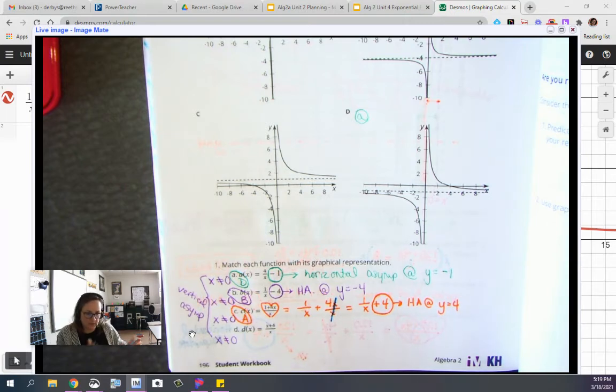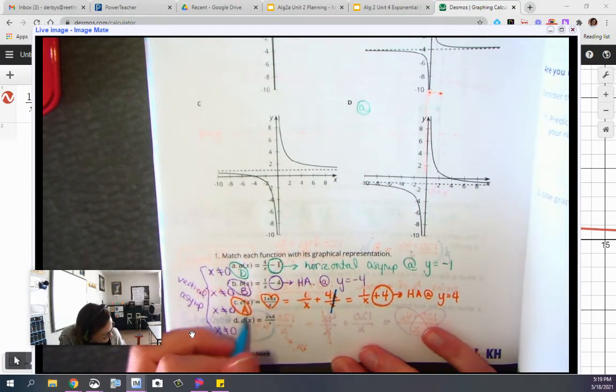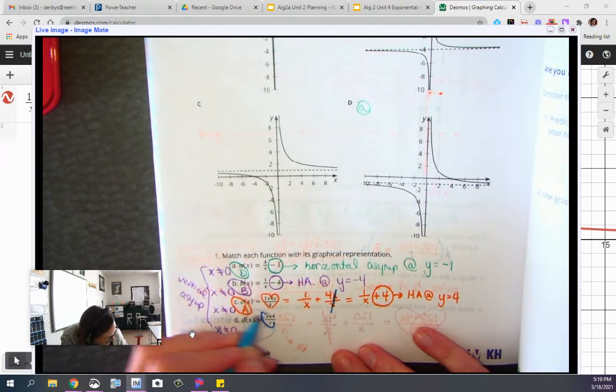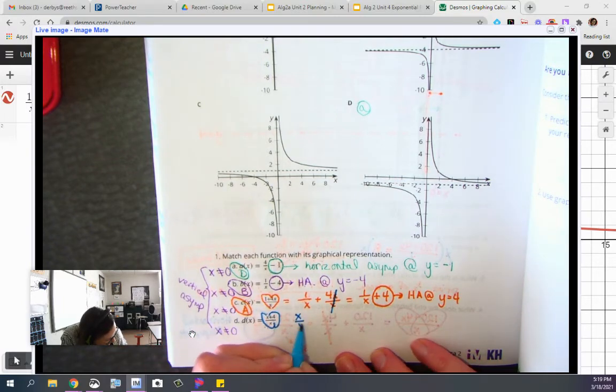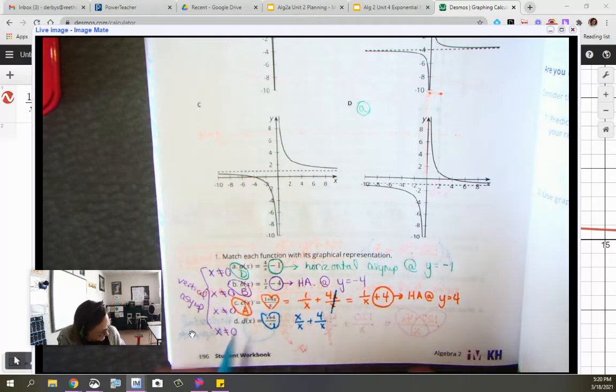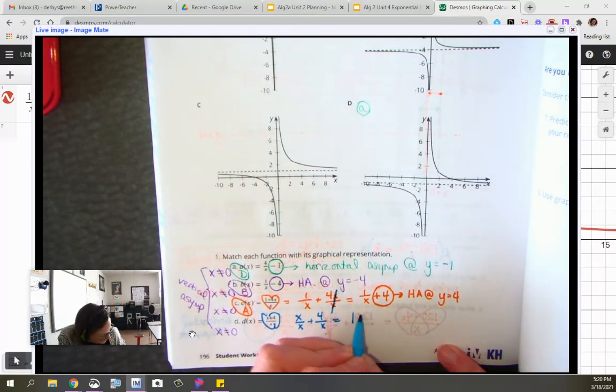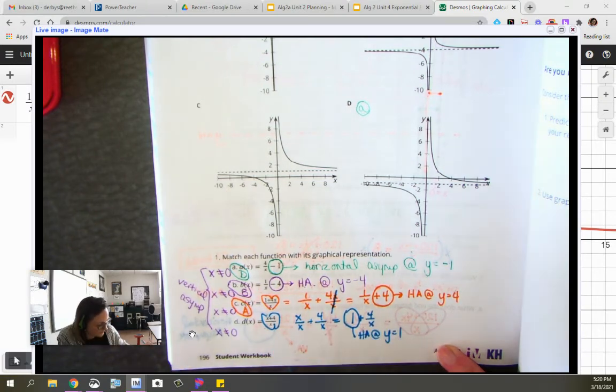I'm just going to work through the rest of these so I can keep on seeing some more of that, giving it a little love. X over x plus 4 over x. X over x is the same as 1. Here is my horizontal asymptote at y equals 1.